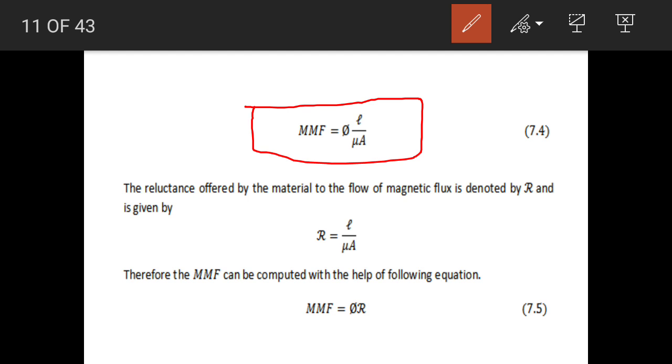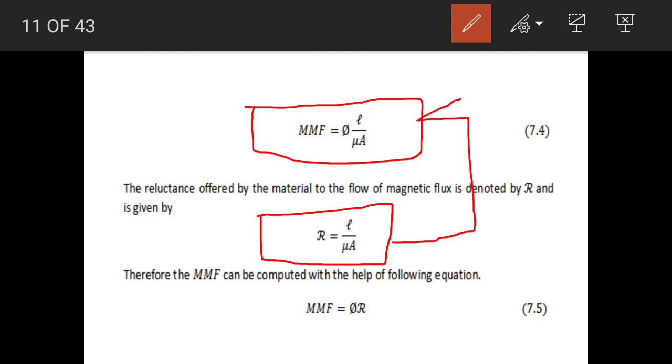Well, L by mu A is known as the reluctance of the material of the magnetic circuit, and due to this property, the material will oppose the flow of magnetic flux. So if we put this value in equation number 7.4, we get the MMF in this particular circuit, and MMF will be equal to the flux multiplied by the reluctance.